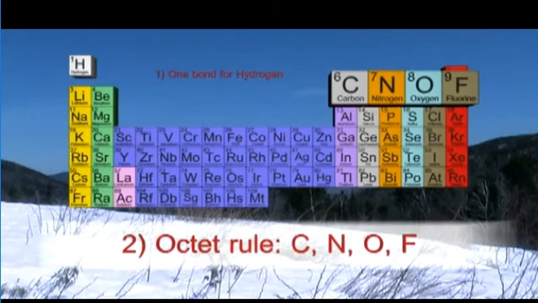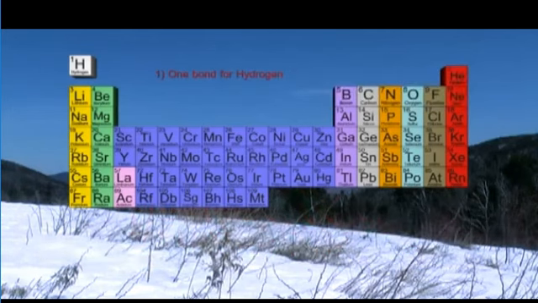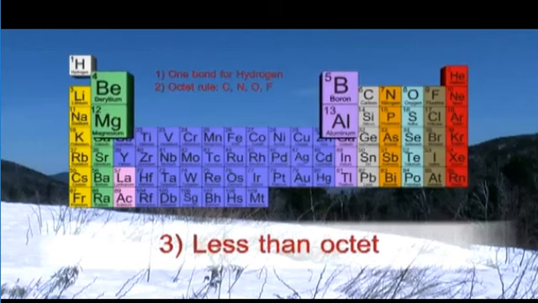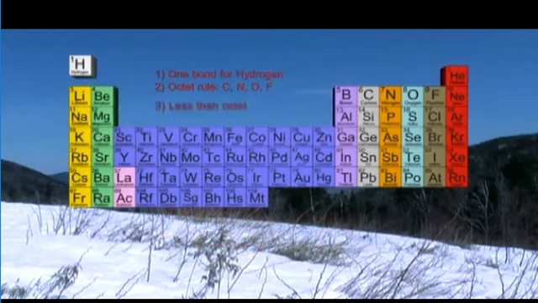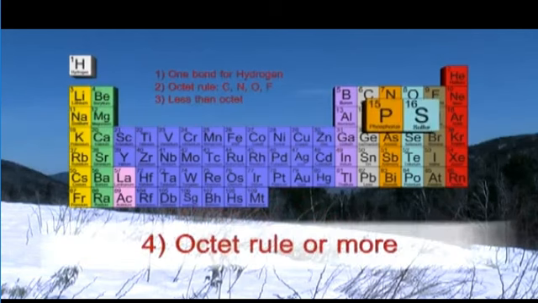And these 4 elements will have an octet if they just combine with hydrogen. Beryllium and boron: talk about the octet rule, each and every element having less than 8, means 8 minus the valence electrons. Octet rule or more.